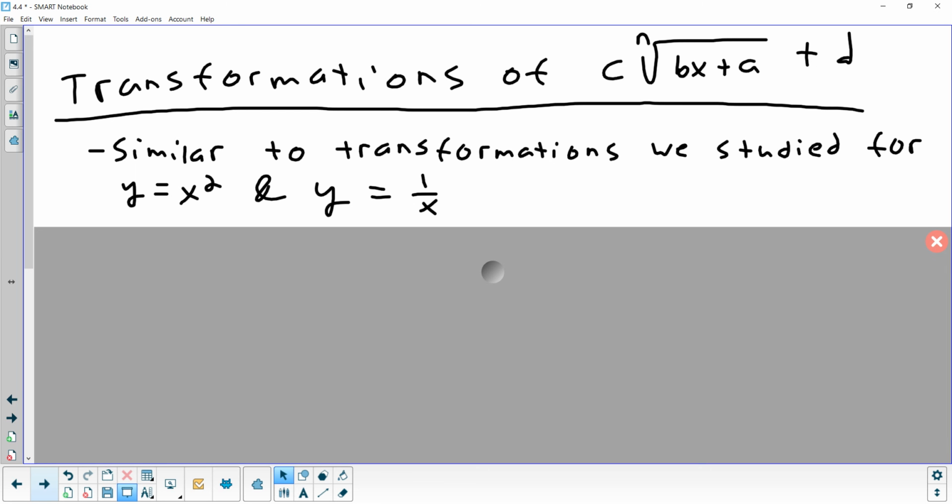Now, same question Tim just asked. What if C is negative? Yep. Vertical flip. It's a vertical flip or a vertical reflection. You could also say reflect over the y-axis. No, vertical is reflect over the x-axis.